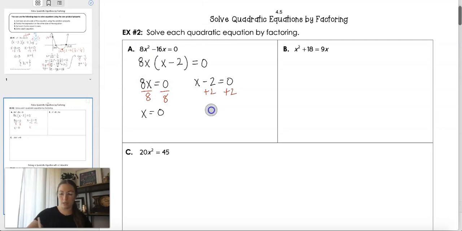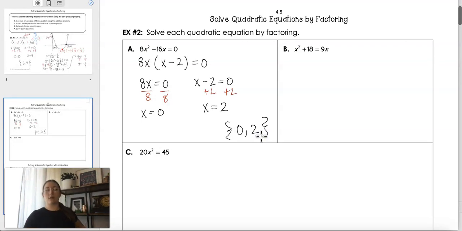Sorry, OCD. All right, so we're going to get x equals positive 2. So my answers to this are 0, 2. I always like to list my answers least to greatest, just a really good habit to get into.